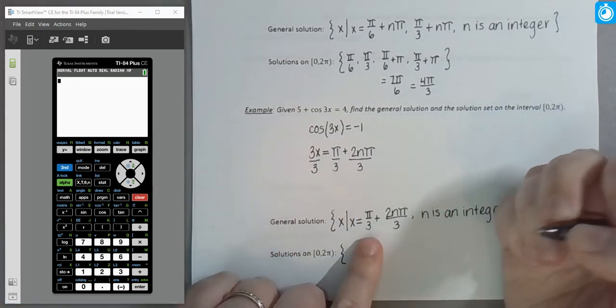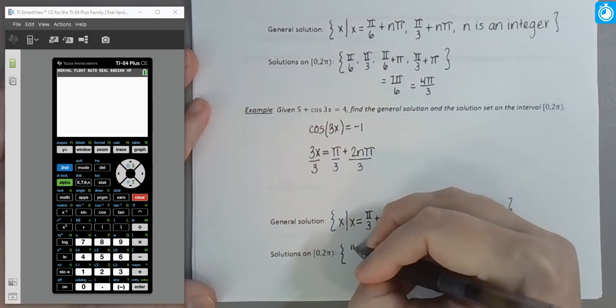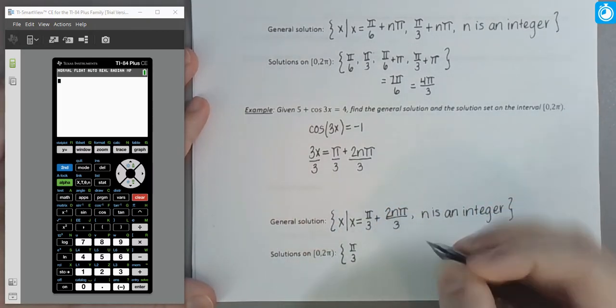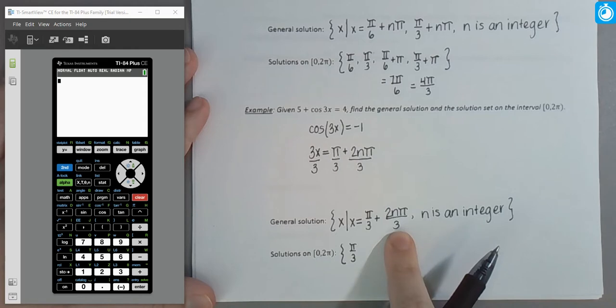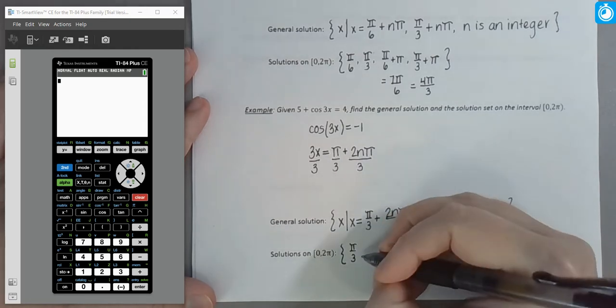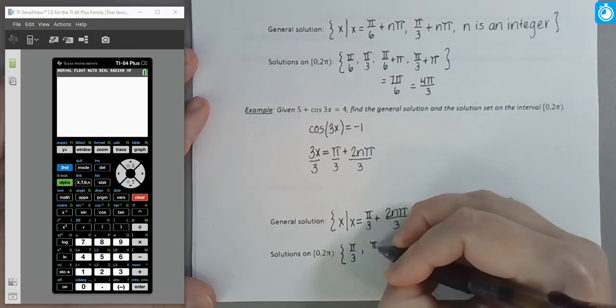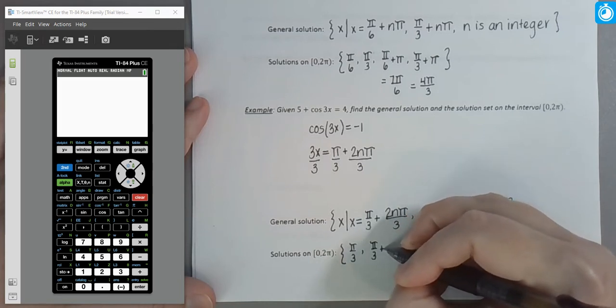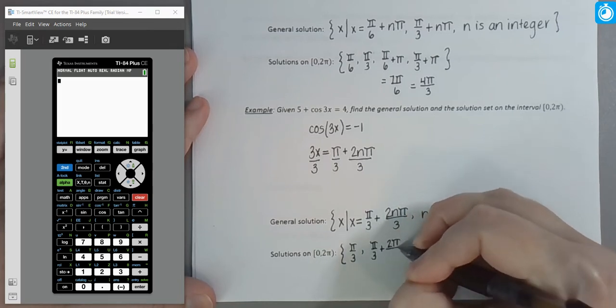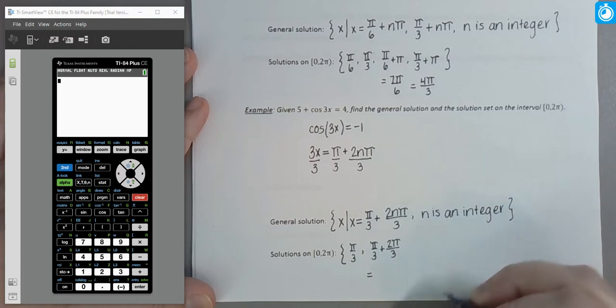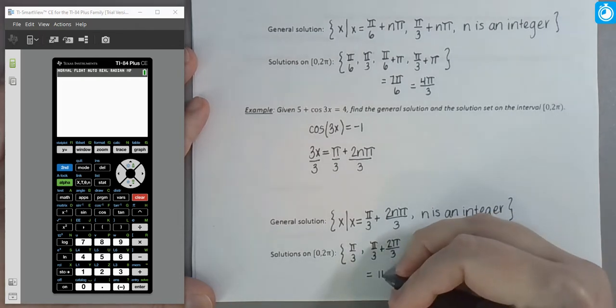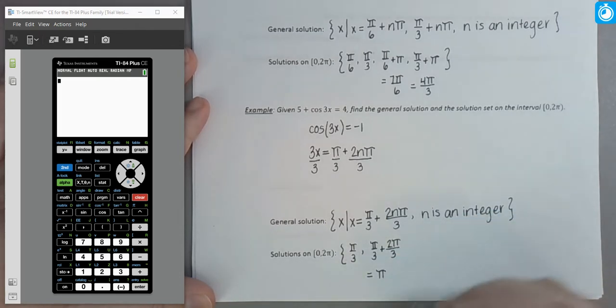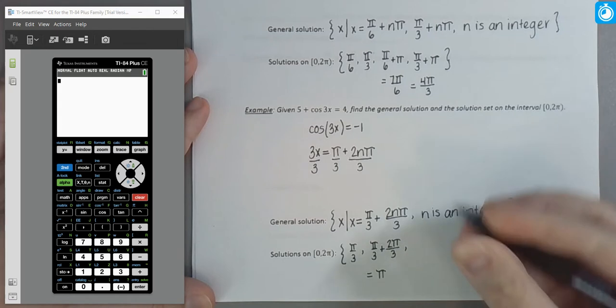So pi over 3 is going to be one of them, and then the other ones will come from adding on multiples of 2 pi over 3. So if we were to add on a single multiple of 2 pi over 3, that's going to give us pi over 3 plus 2 pi over 3, which is 3 pi over 3, which simplifies down to pi. So that's going to be another solution. Well, what if we kept rotating?